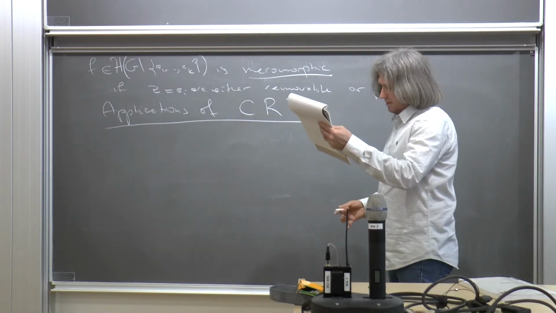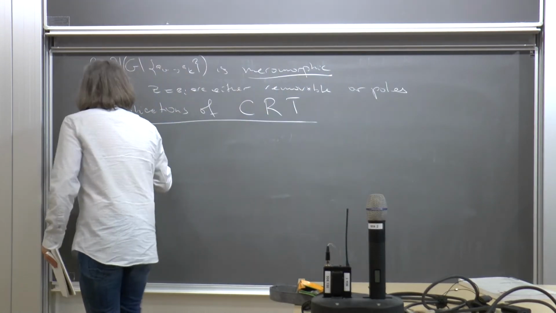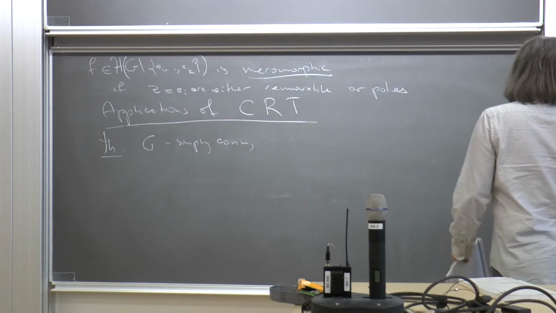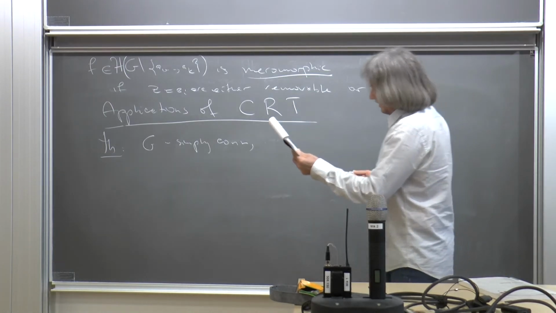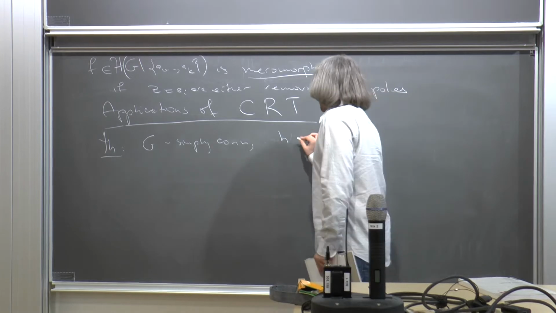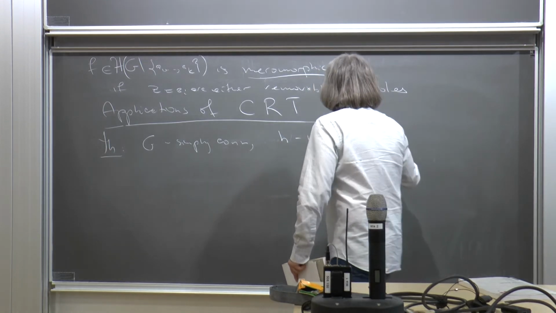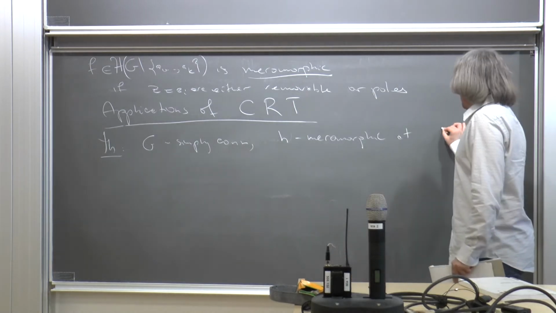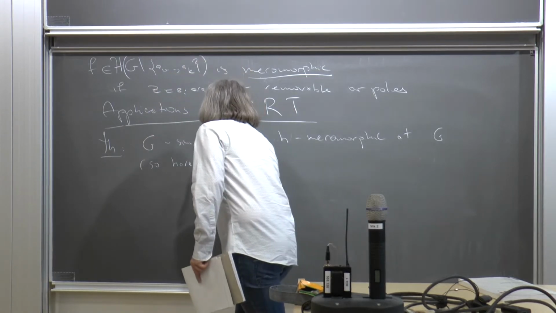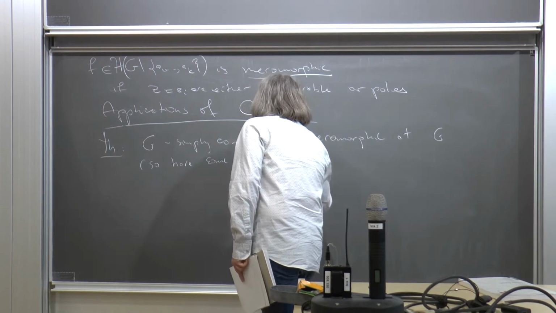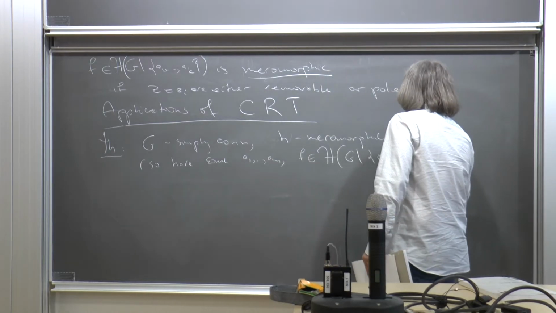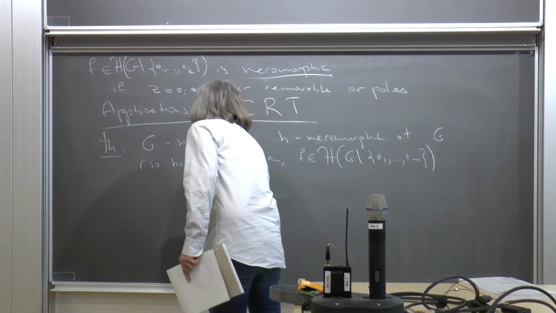Suppose we have some domain G, a simply connected domain, just like in the theorem, and h is a function meromorphic on G, which means that we have some points A1, ..., AM, f is holomorphic in the complement, and the Ai are not essential.